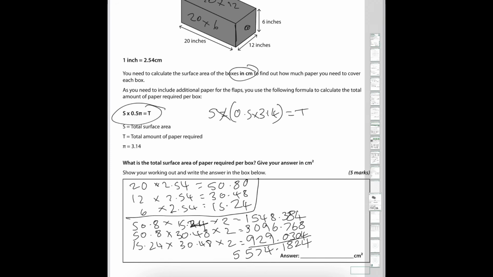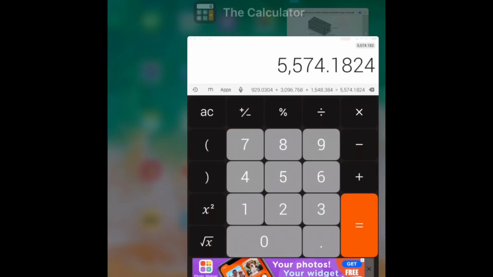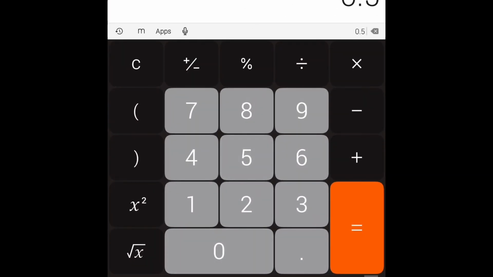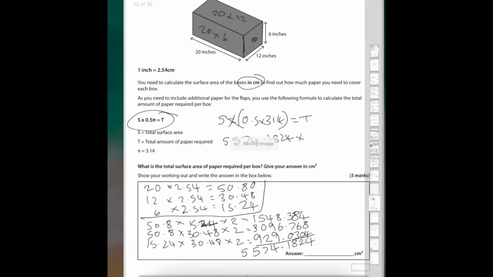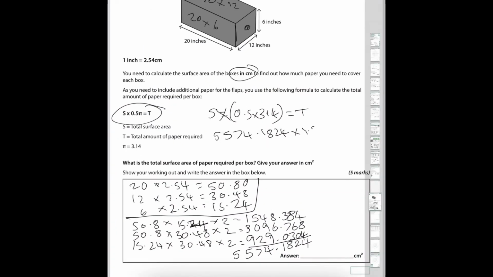So we've got s, 5574.1824, which we need to then times by 0.5 times 3.14. So let's work out 0.5 times 3.14 first. 0.5 times 3.14 is 1.57.